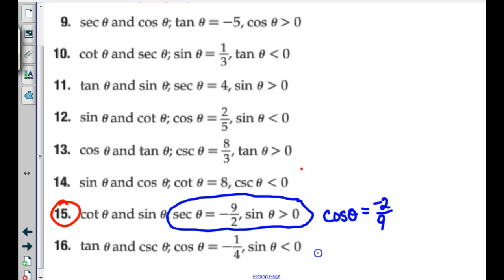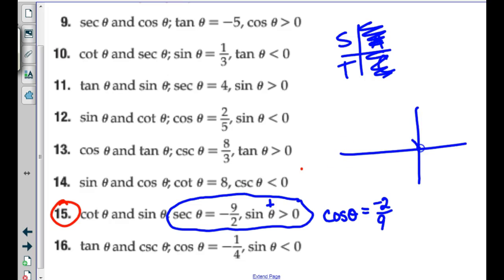Okay. And the sine being greater than 0 means positive. So if I do this real quick, all students take calculus. The cosine is negative, so it can't be here. This means cosine is positive, that's C, right? Can't be there. And it says the sine is positive, so we have to be in quadrant 2. You good?